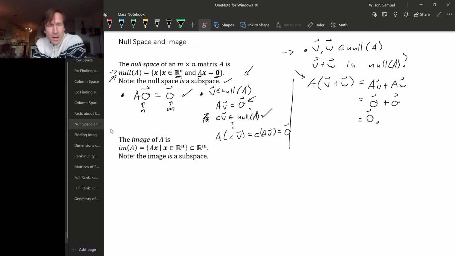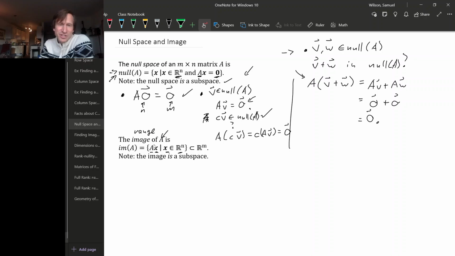All right, what about the image? Well, the image of a matrix is defined by the matrix times any vector that happens to be in Rn. Another term that sometimes gets used is the range of A. And so we're very much treating A like a function, right?